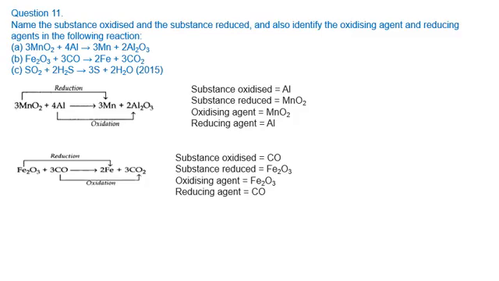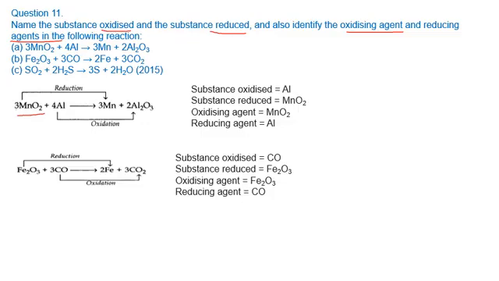Name the substance oxidised and the substance reduced. Also identify the oxidising agent and the reducing agent in the following reactions. The first one is manganese oxide plus aluminium gives manganese and Al2O3. Now, what is oxidation and what is reduction? Oxidation is gaining of oxygen, reduction is losing of oxygen.